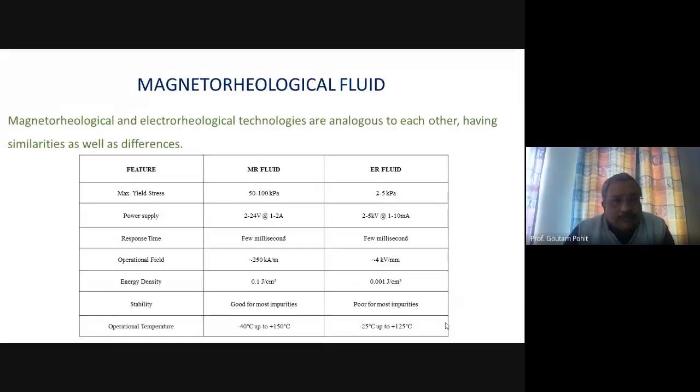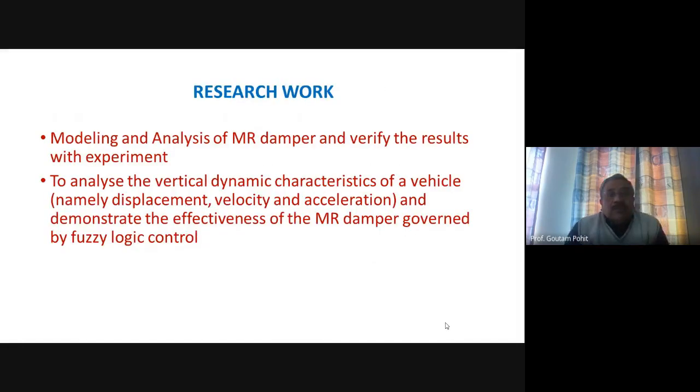So these are some of the properties of MR fluid and electrorheological fluid. Now, what research work can you do with the help of an MR damper?